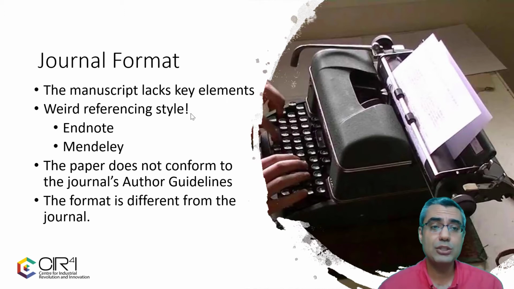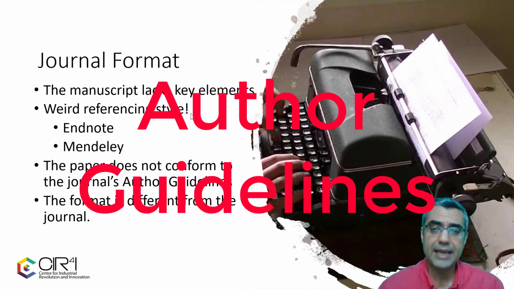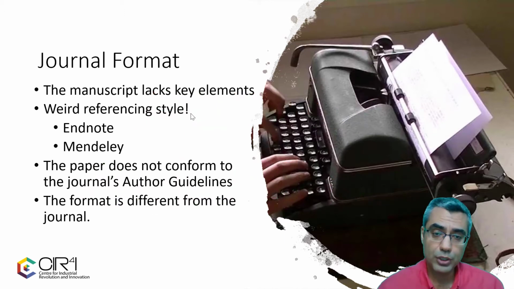Anyway, you need to read the journal's author guidelines, and then follow the guidelines carefully. My advice to you is download a few papers recently published in the journal you want to consider, and then prepare your paper following the format of those papers and the journal's author guidelines.